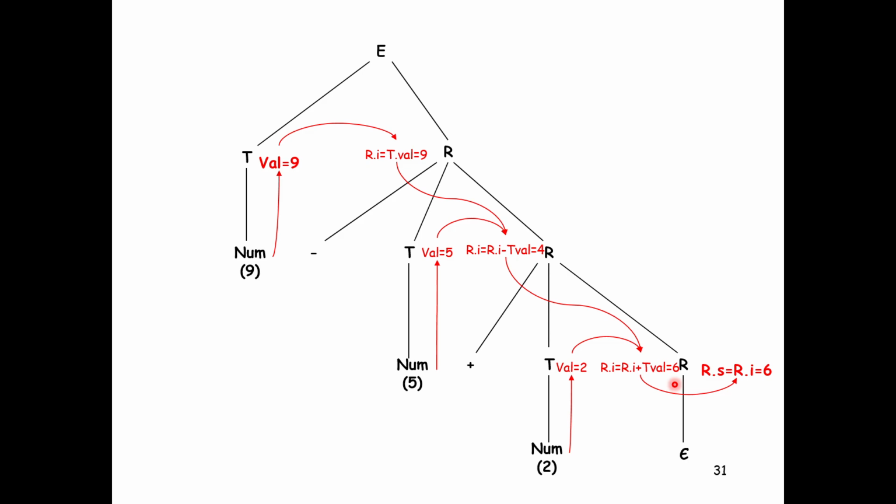Then we move towards the next node. In top-down parsing, this is pre-order traversal: root, then left, then right. So the final value 6 will be computed from the expression 9 minus 5 plus 2.